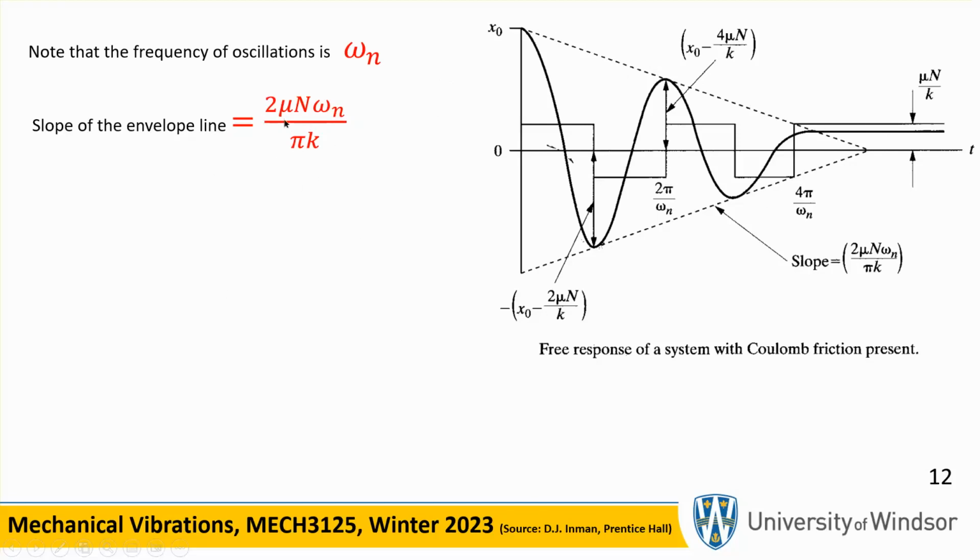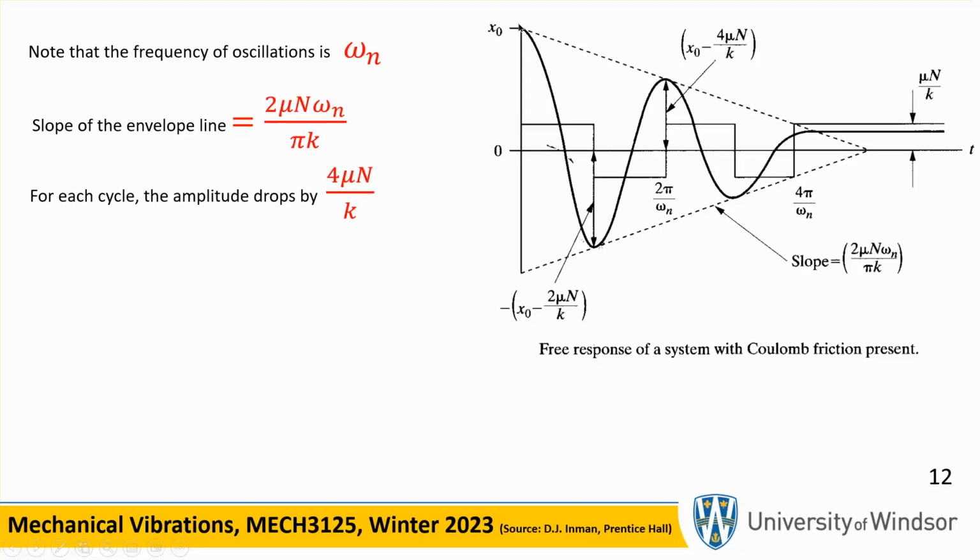So you have the coefficient of friction in there, you have the mg, where n is the normal reaction force, mg, omega n is the square root of k over m, and k is sitting there. There are other ways of writing this if you use some of those relationships, but I'll leave it like this. In every cycle, this is one cycle of oscillation, the amplitude drops by that much.